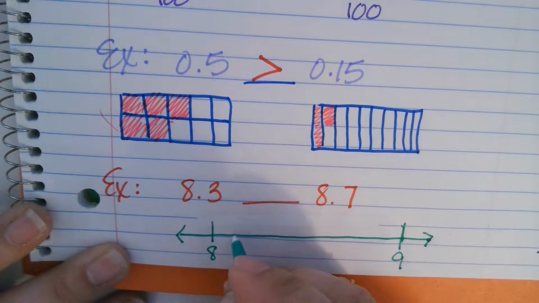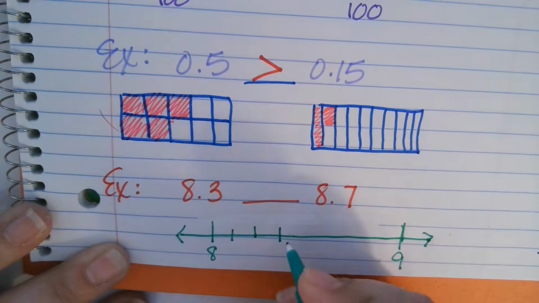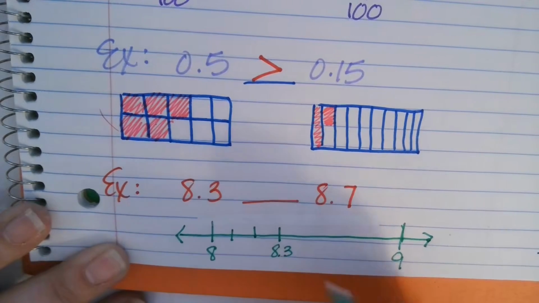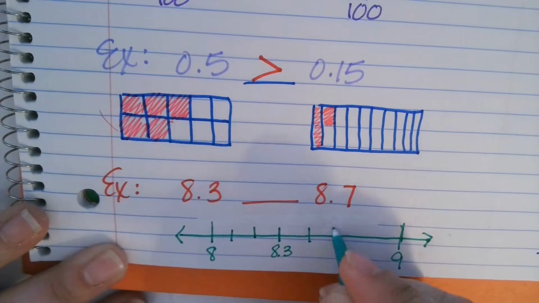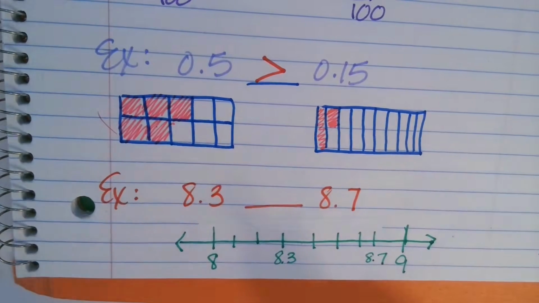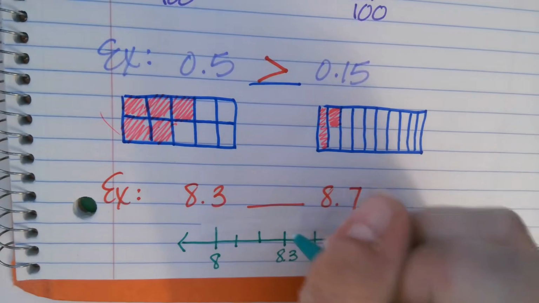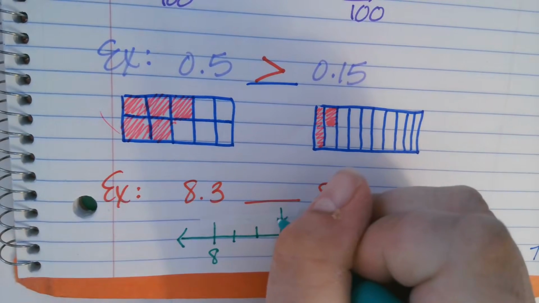I've got 1, so that'll be 1, 2, 3. So this is 8.3. 4, 5, 6, 7. 8.7. All right, so we're looking right here and right here.